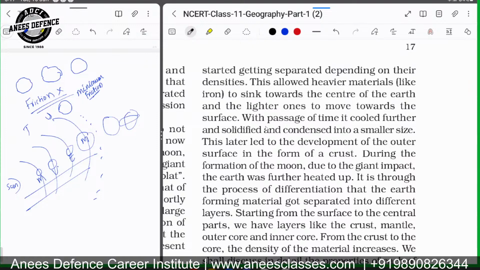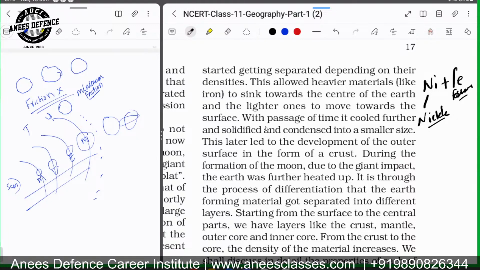That's why at the core you have NiFe, right? NiFe, that is nickel and ferrous. Yes. So you have nickel and ferrous because the more the density, the lower you will go.